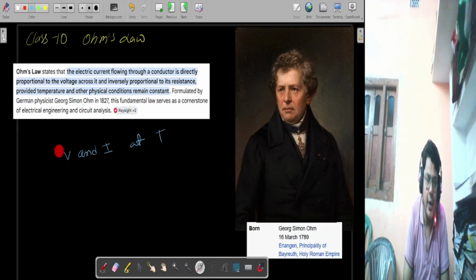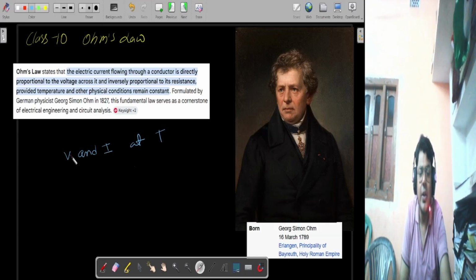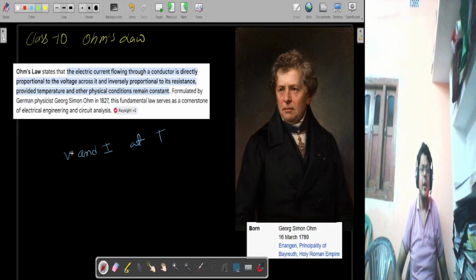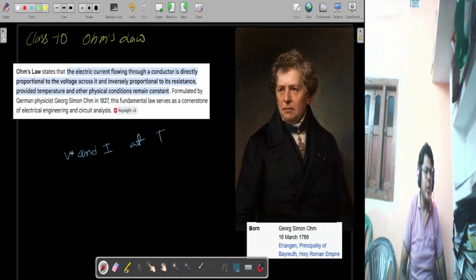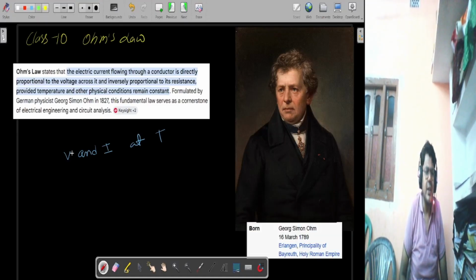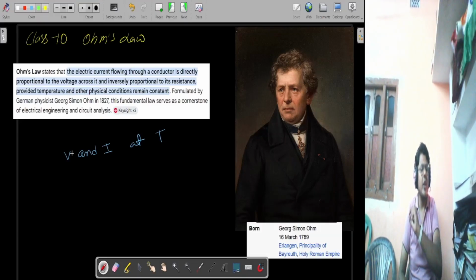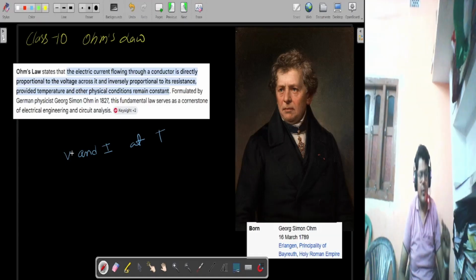And what is potential difference? The definition of potential difference is very complex for class 10, because it states that it is just the work done per unit charge to carry one charge from a particular point to another point.